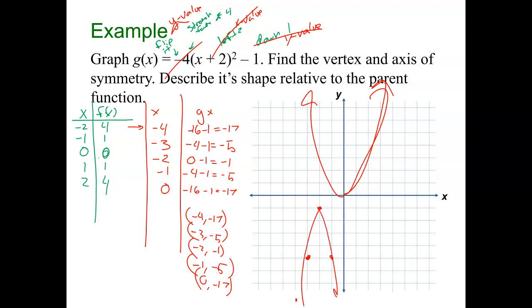Did that make it narrower? Yes. Did it flip it upside down? Did it move it to the left? Did it move it down? There it is, this graph. So we can take our original 5 points and apply those transformations in order, and that gives us our new values.